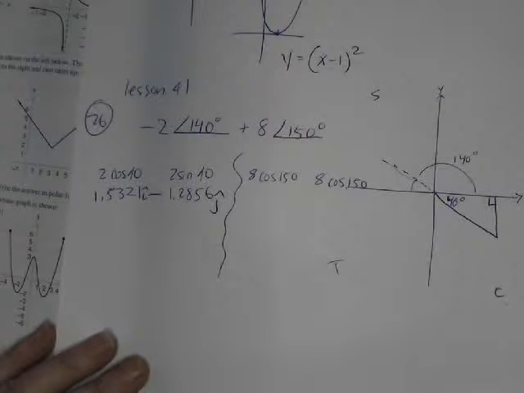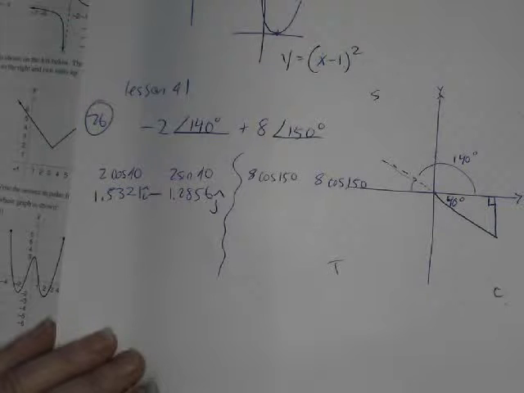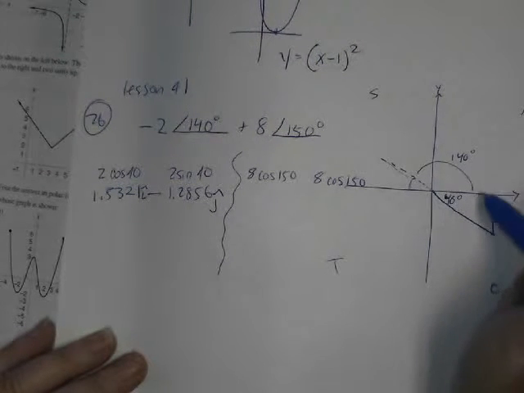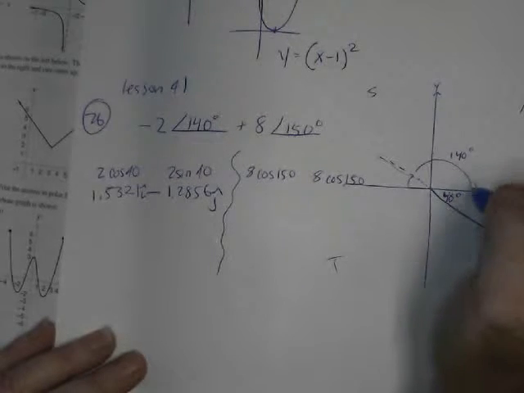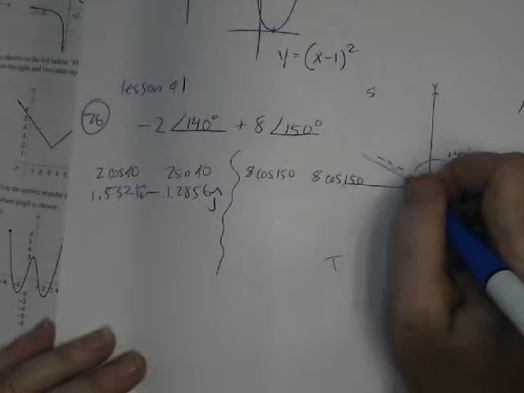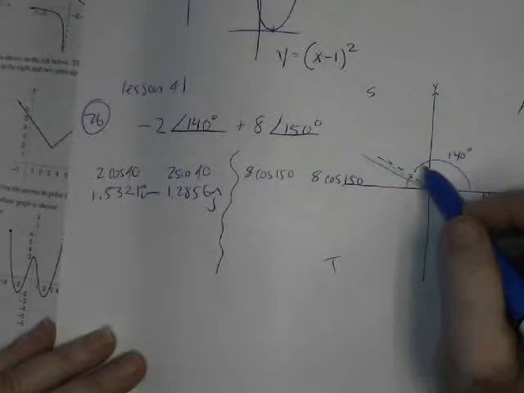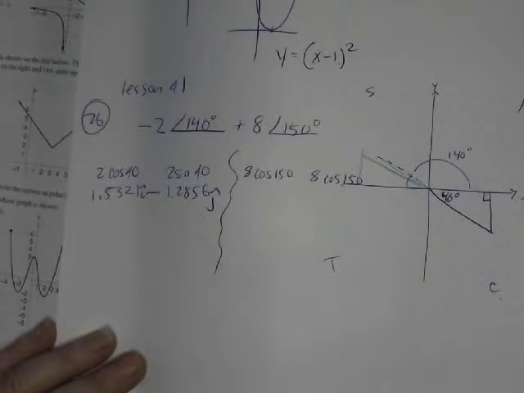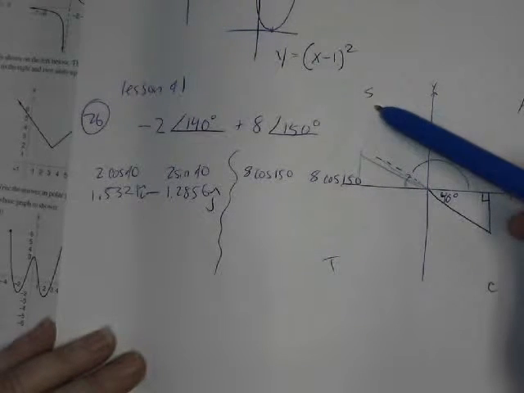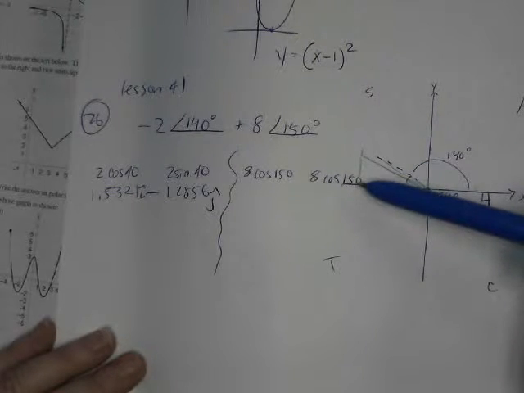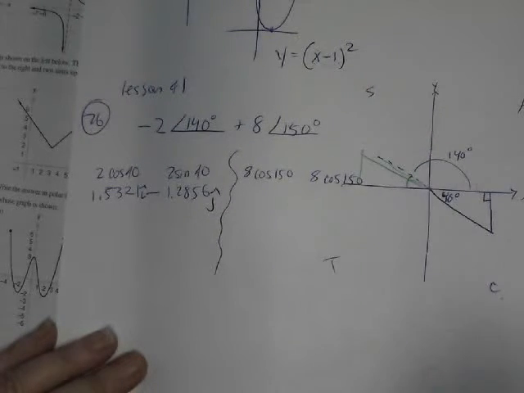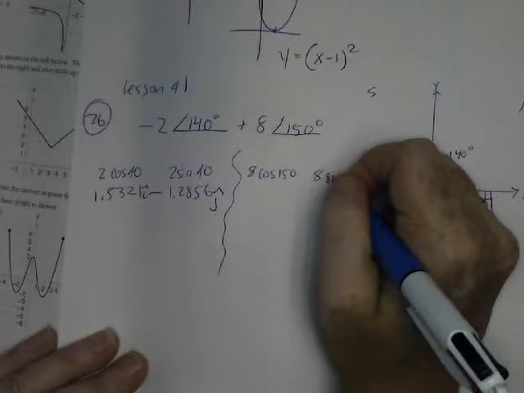I still don't trust myself with the signs, and not sure that my calculator's gonna give me the right one. So I'm still gonna find it on here. I'm kind of a baby like that. So I know that it's right in here somewhere, right? If it's 150, cosine's gonna be negative, and sine is going to be positive.